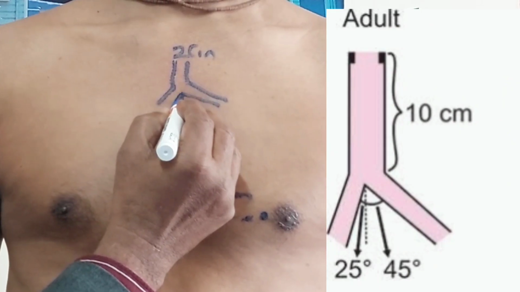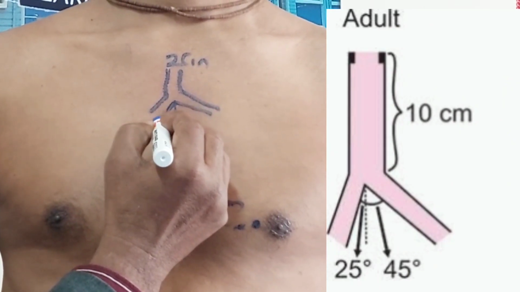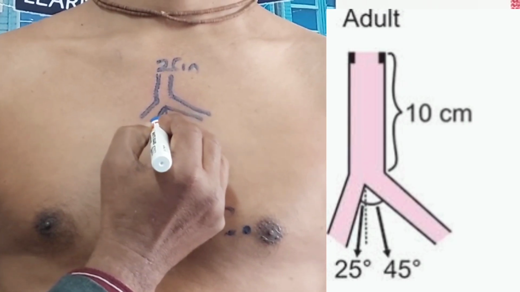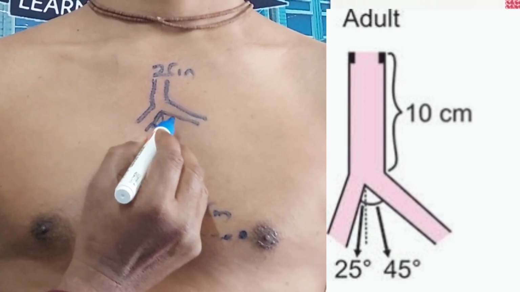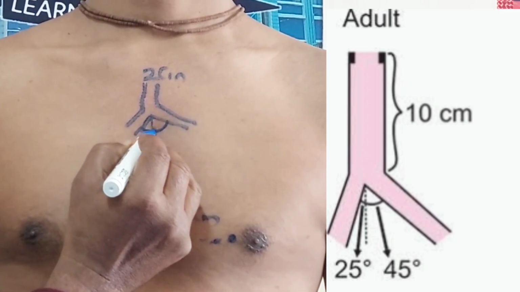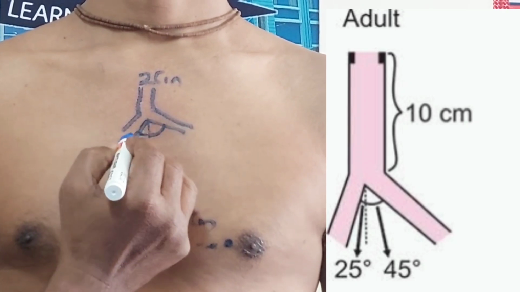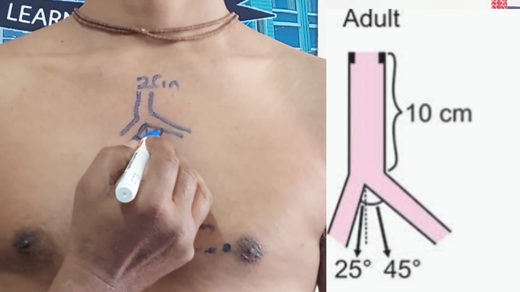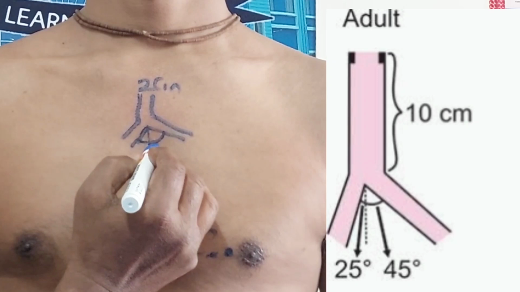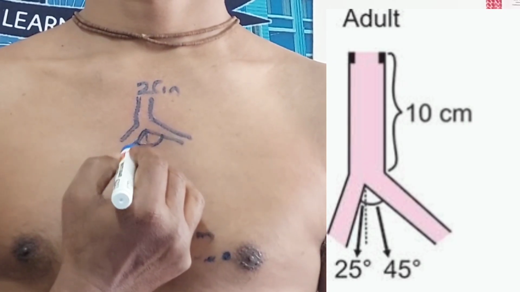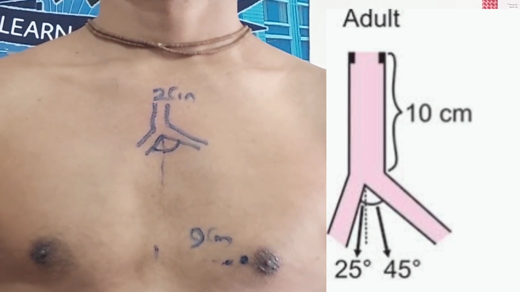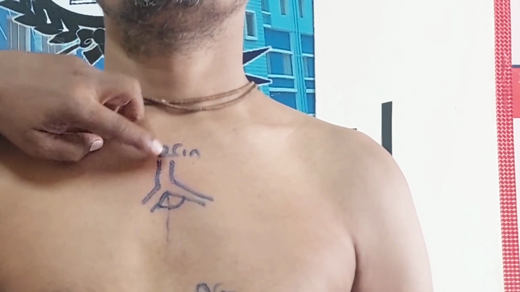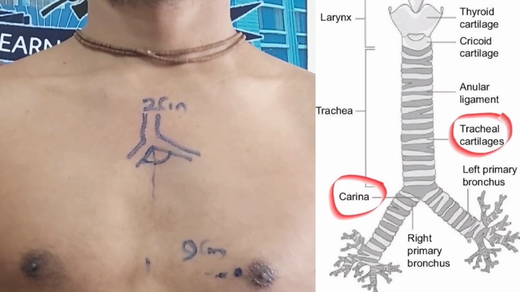And if I draw the angle between this right bronchus and the midline, it is about 25 degree, and on the left side it is about 45 degree. So total angle 25 plus 45 is equal to 70 degree between the right and left primary bronchus. So trachea has so many tracheal rings.